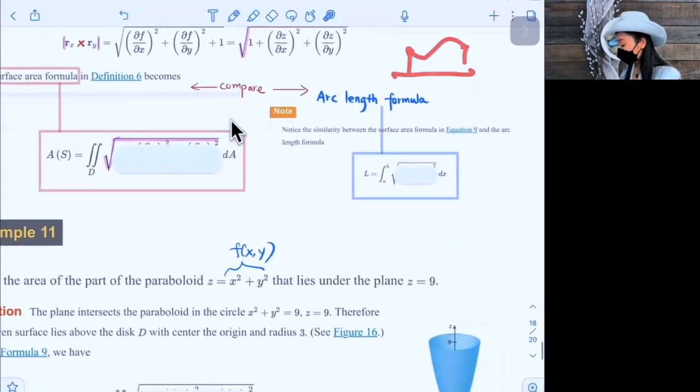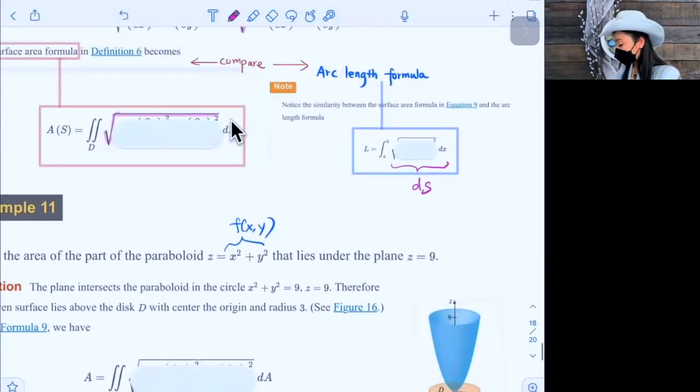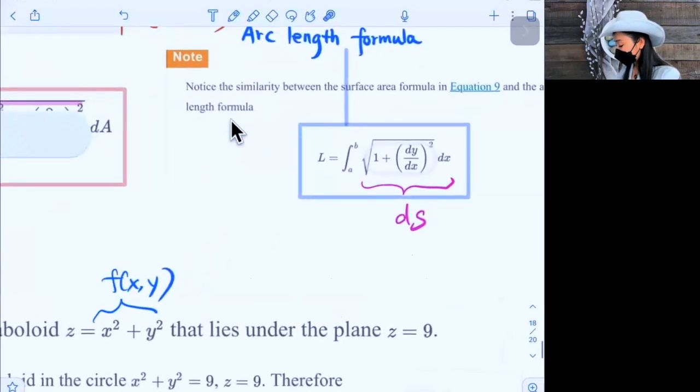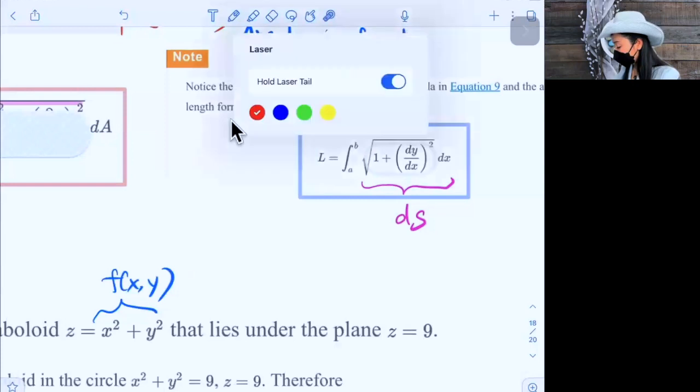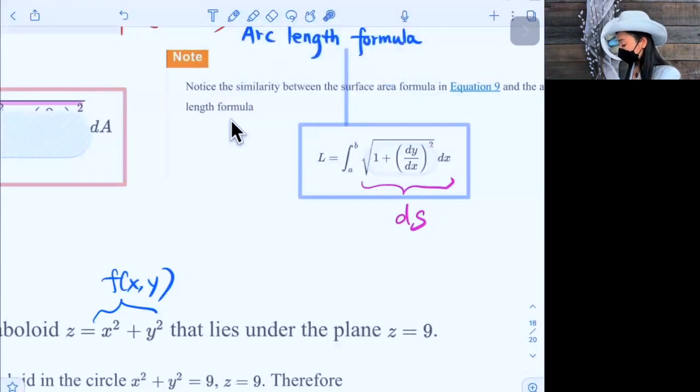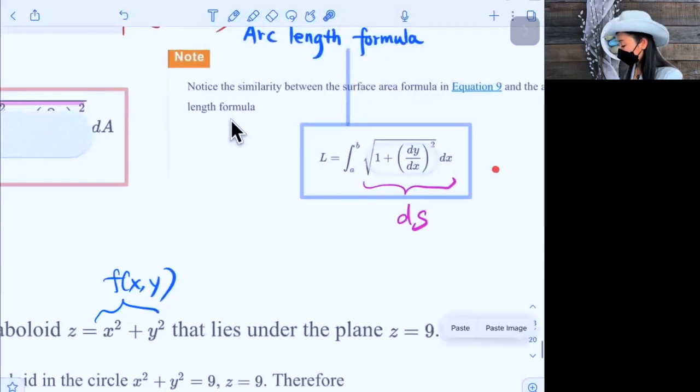It's the integral of, okay, so this one here is the dx, right? So it's the integral of the differential arc length. And if you put the dx outside, then inside the square root, you have 1 plus (dy/dx) squared, right? Okay, and then x here goes from a to b.